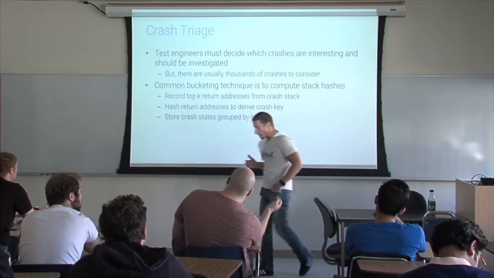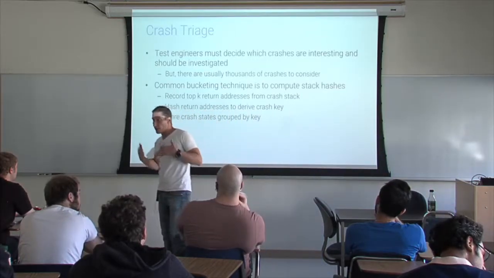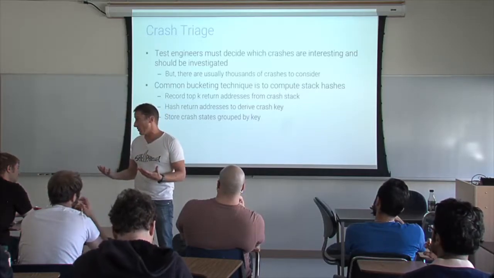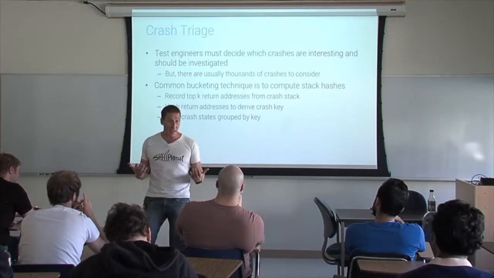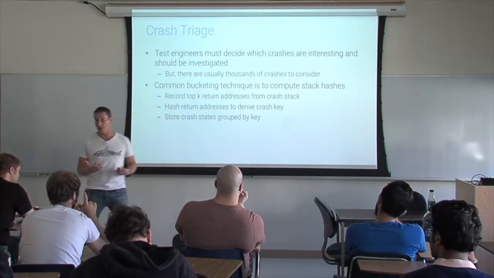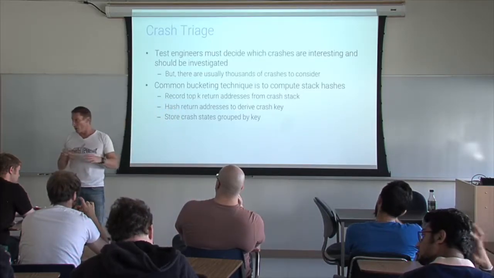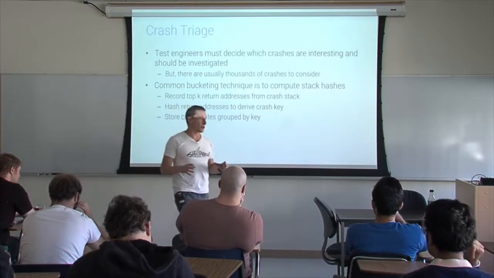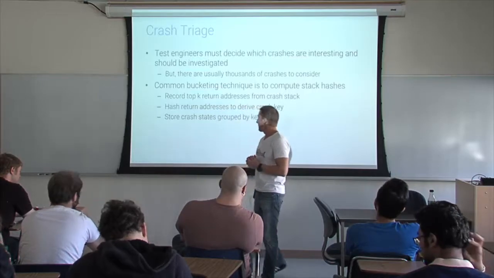For example, you got 2 inputs, you got 2 crashes, but the different inputs could be triggering the same flaw. And if you have hundreds of thousands of crashes, it's really important to say, okay, give me these 3, because these 3 are representative of the same flaw being triggered by a bunch of different inputs.